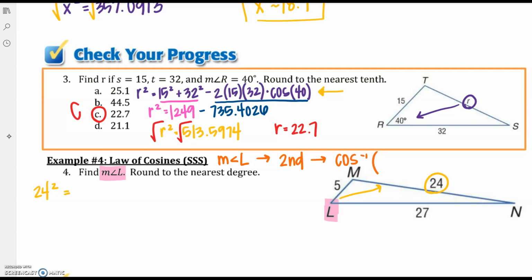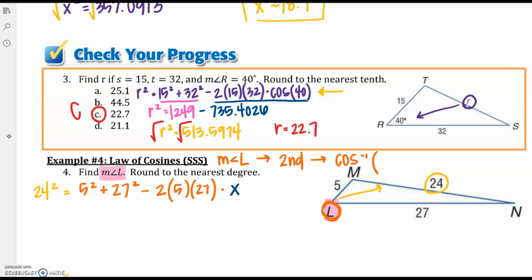All right, so 24 squared, because it's across from the angle that I'm trying to solve for, equals 5 squared plus 27 squared, my other two sides, minus 2. Repeat those two numbers, 5 times 27. And then I'm going to put times the cosine of L. And in my first video, remember we took that out and we put x there.